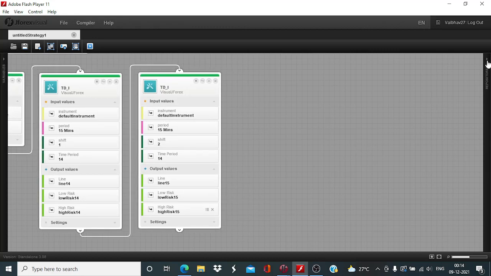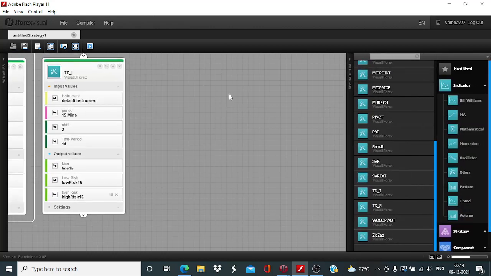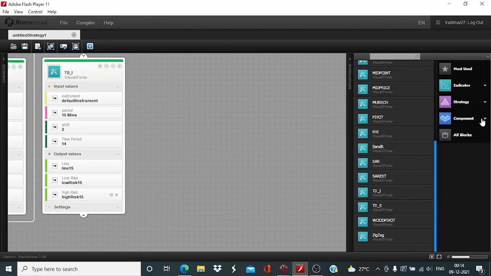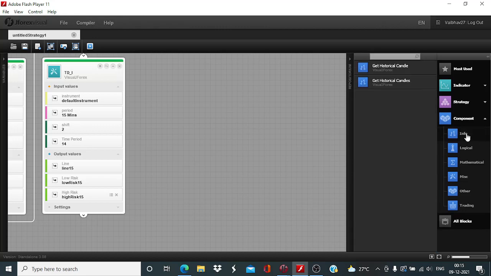and after that I will get the transaction data. For that we are going to use info components.